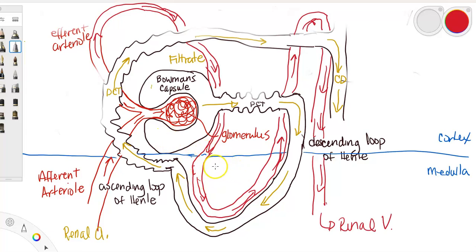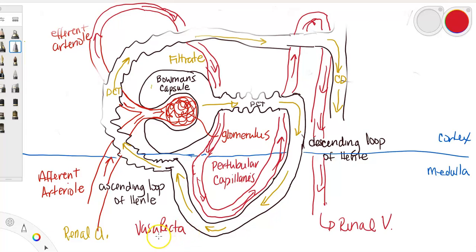These are called paratubular capillaries. When they're really long and dip way down, where the loops of Henle dip way down into the medulla, and there's a big bunch of paratubular capillaries that wrap all around it all the way down, that would be called the vasa recta.